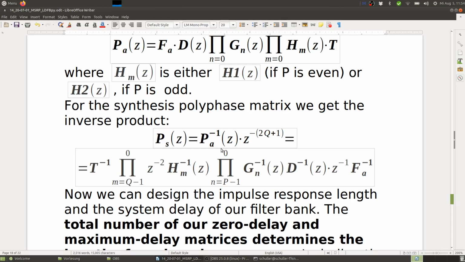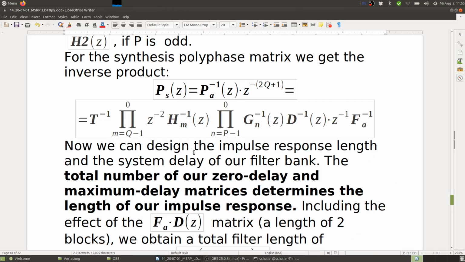And then we invert the zero delay matrices. There we don't need any additional delays. Again, doing it in the reverse order. Finally, we have the inverse of the delay matrix with a Z to the minus 1 to make it causal. And finally, the diamond-shaped FA matrix inverse. So here we have the analysis, and here we have the synthesis PS.